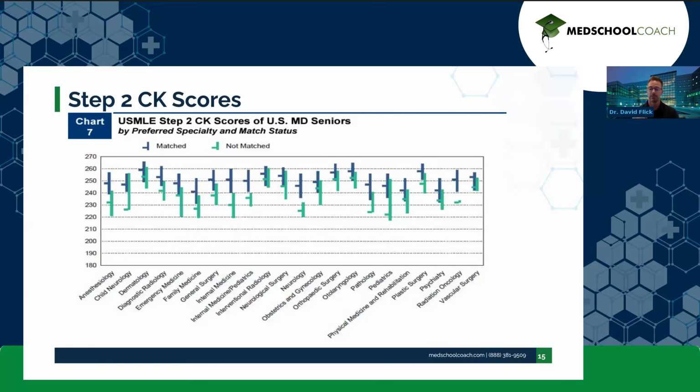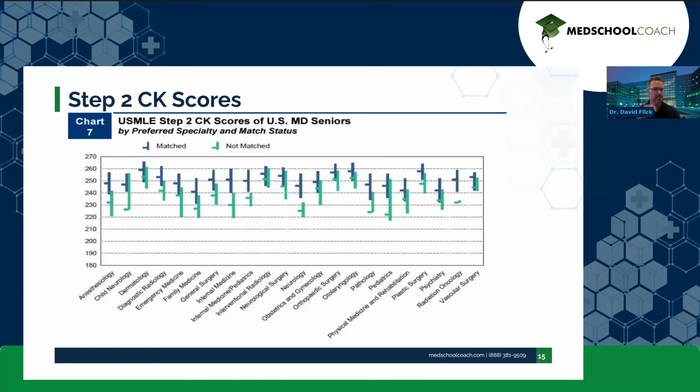And so that's for planning purposes for how you study. Although I wouldn't target a very specific score like, I'm going to go into family medicine, so I don't have to work that hard on my step 2. You should still compete to the best of your ability and really go for it. But if you already have your step 2 score, this is really helpful knowledge to know what you're kind of eligible for, so to speak.